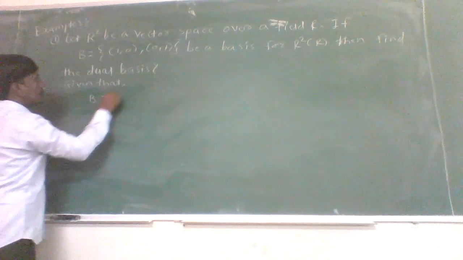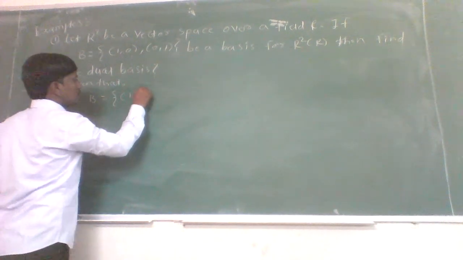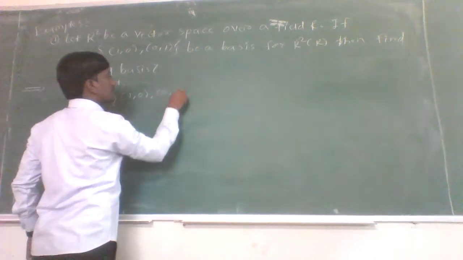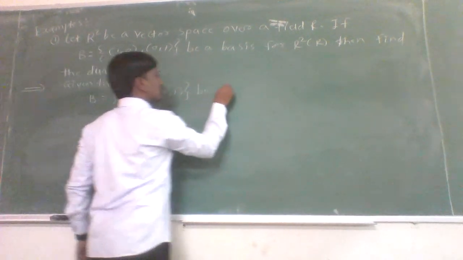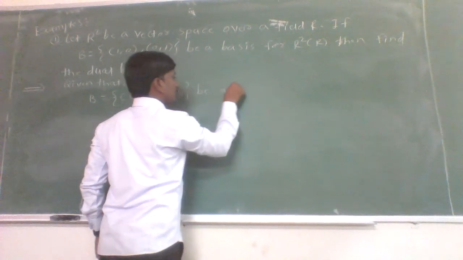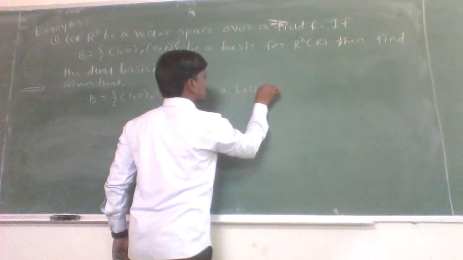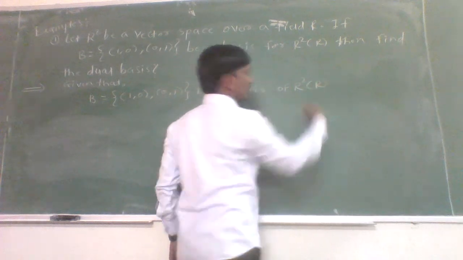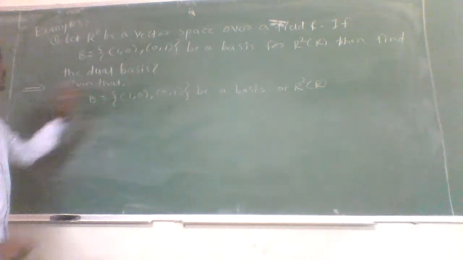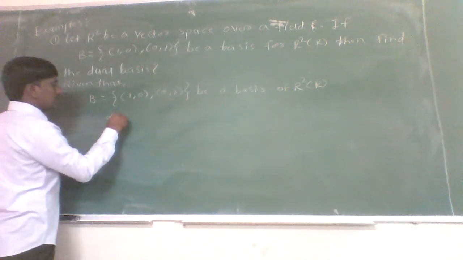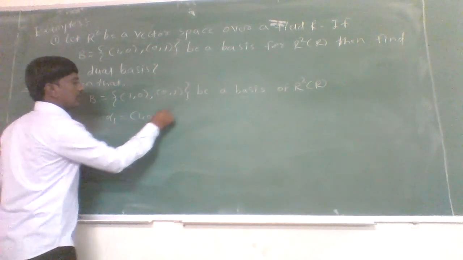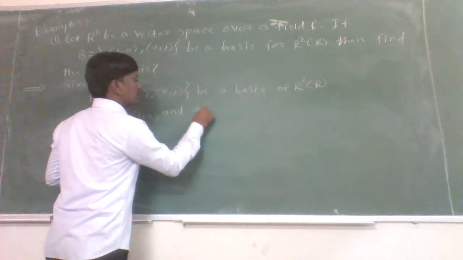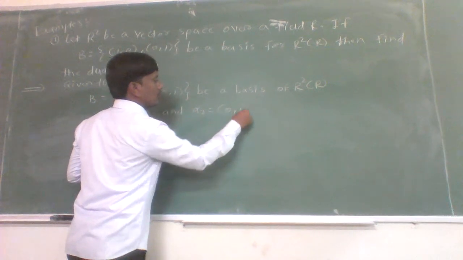Given that B equal to (1,0), (0,1) is a basis of R2 over R. Then by definition of dual basis, let us take alpha 1 as (1,0) and alpha 2 equal to (0,1).